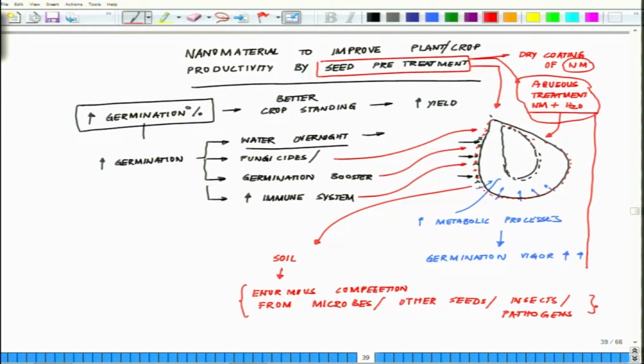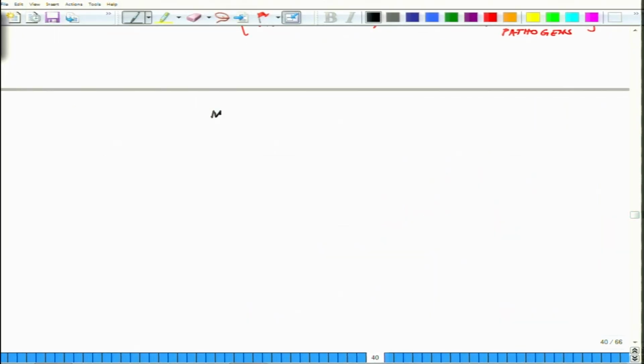Now, today I will be sharing one of the stories of this second treatment, aqueous treatment, where nanomaterial plus water is used and where it acts. So, our first journey will be with one of the metal sulfide nanomaterials.